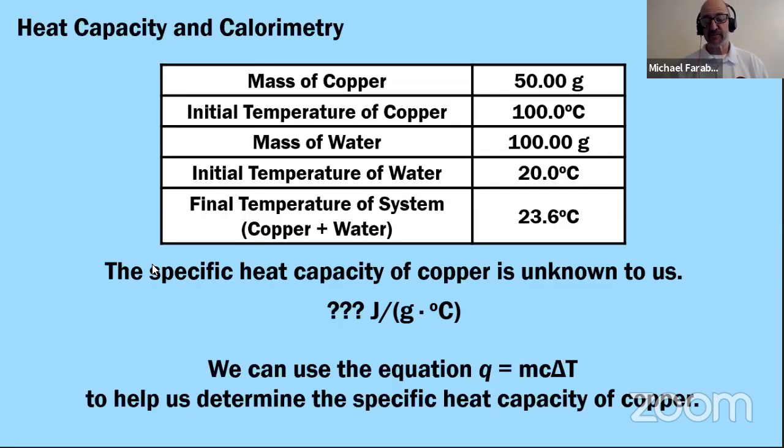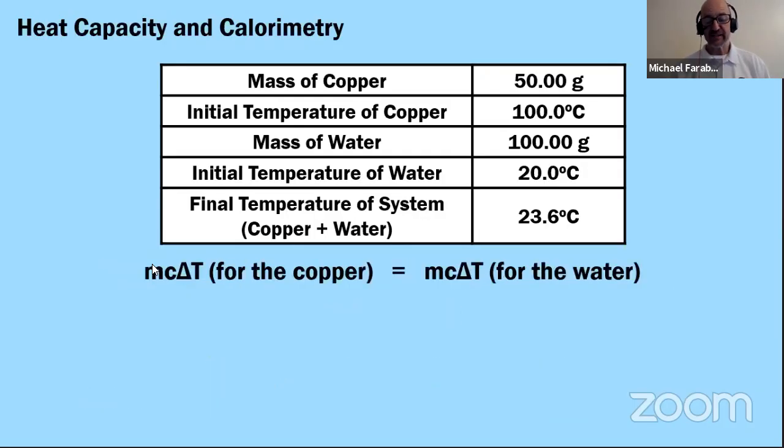Again, a common experiment in chemistry class under the category of thermochemistry or thermodynamics. So how we're going to do this is based on the fact that the heat that was lost by the copper is equal to the heat gained by the water. So mc delta T for the copper is equal to mc delta T for the water.